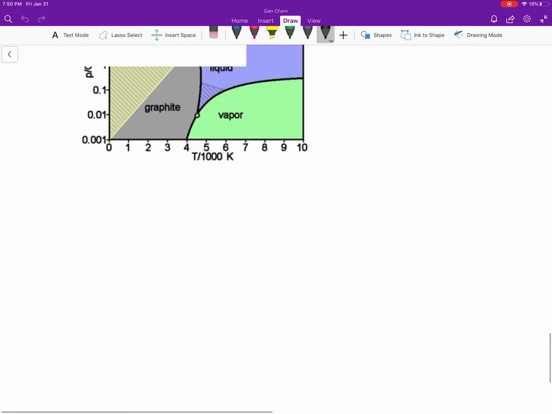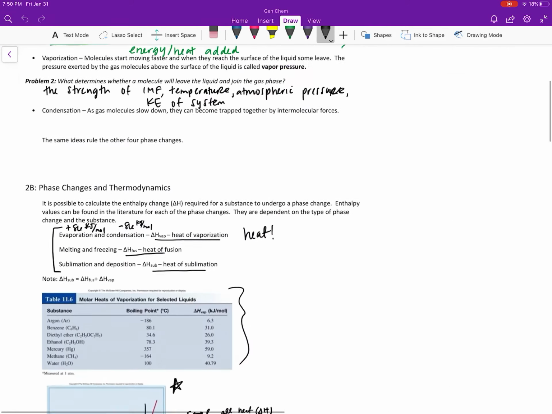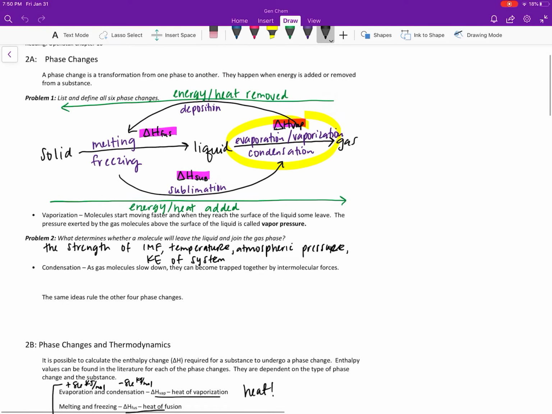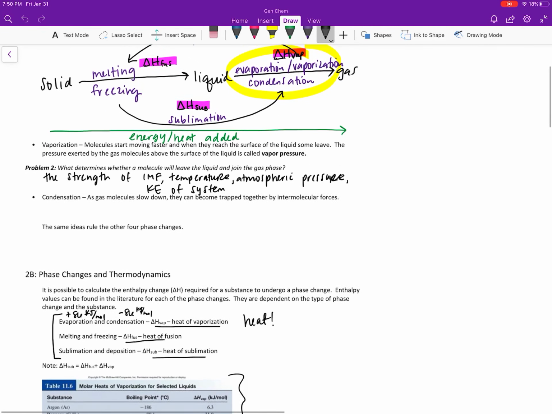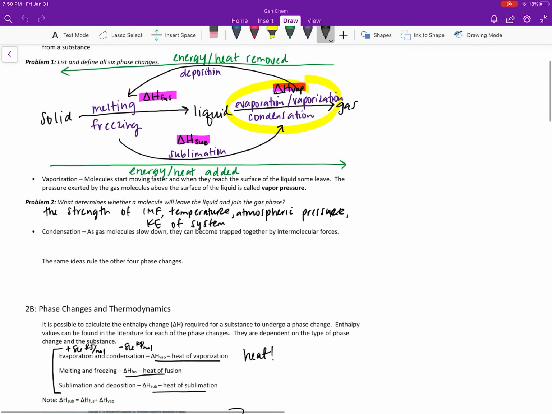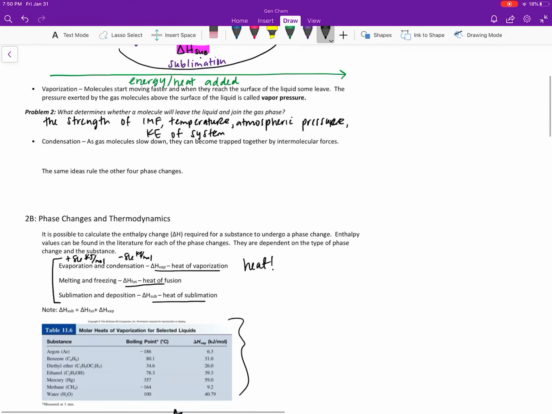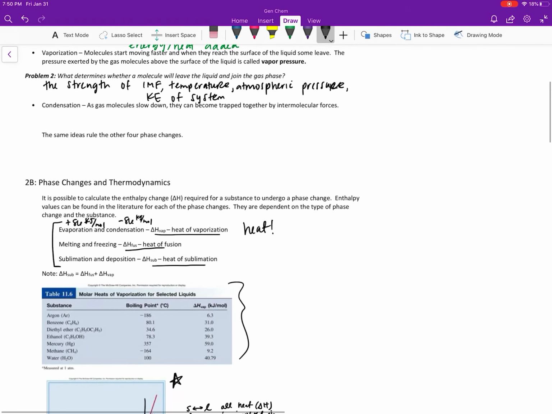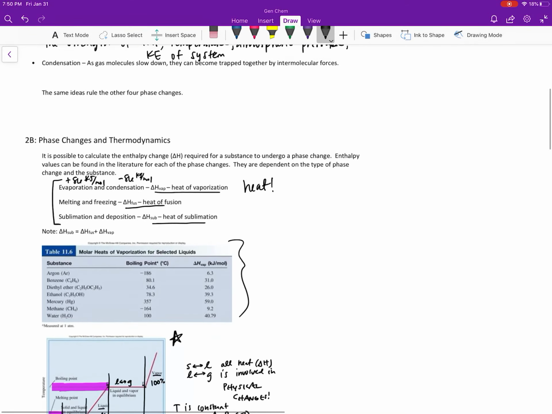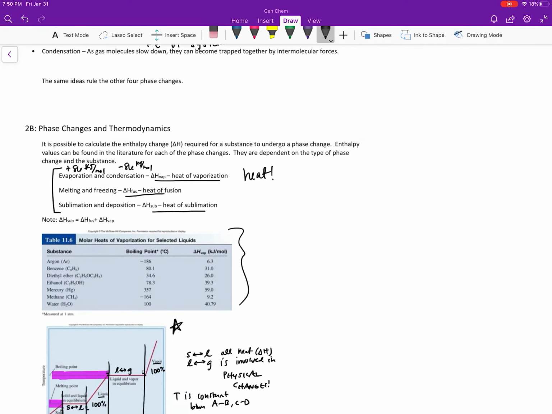Then we talked about lesson 2, which is phase changes. We talked about the phase changes between solid, liquid, gas, and energy and heat being added in. And we defined the enthalpies of fusion, sublimation, and evaporation. We talked about the fact that the strength of the intermolecular forces, the temperature, the atmospheric pressure, and kinetic energy of the system affect whether a molecule will leave the liquid state and join the gas state, and that the same idea rules these other four phase changes.